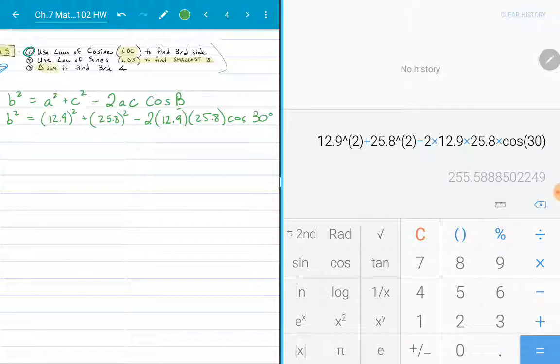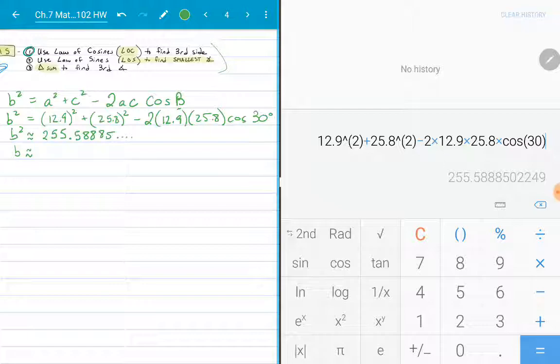I get that B squared equals 255. I'm not going to round yet since I'm not at my final answer. I'll leave this in my calculator to make my final answer as accurate as possible, even though when I do get to the final answer, I will round to the nearest tenths.